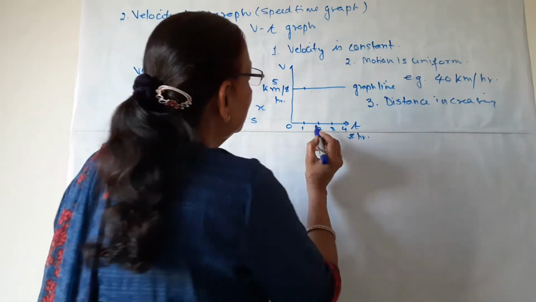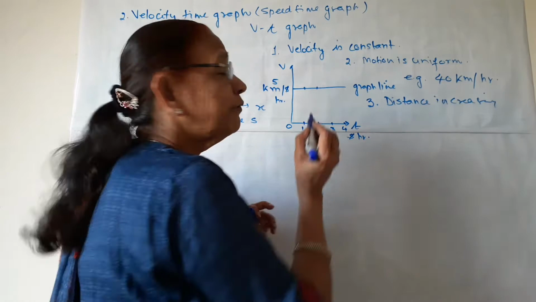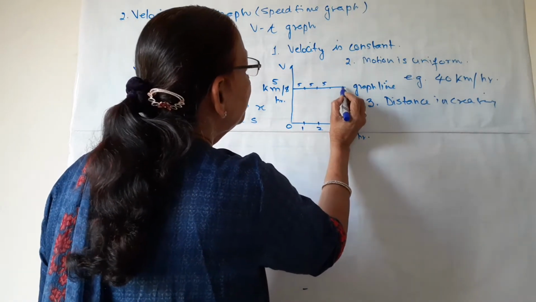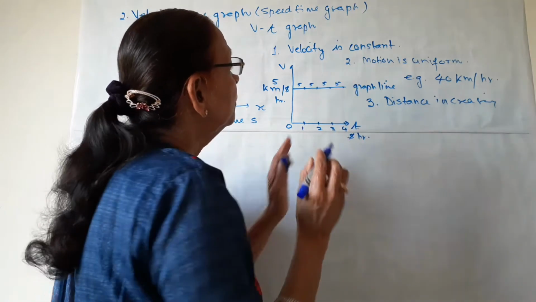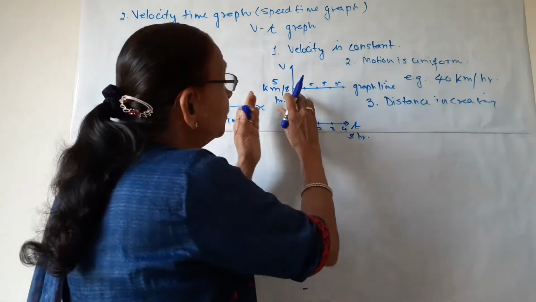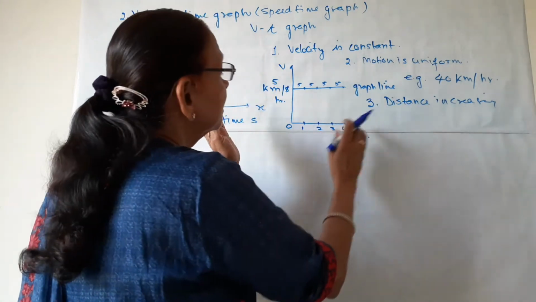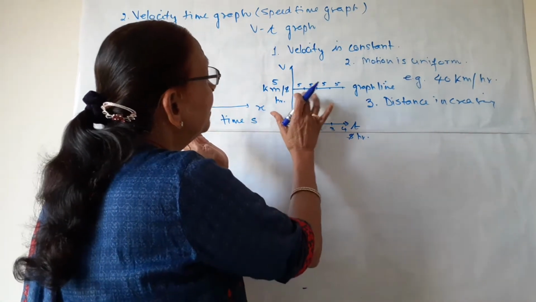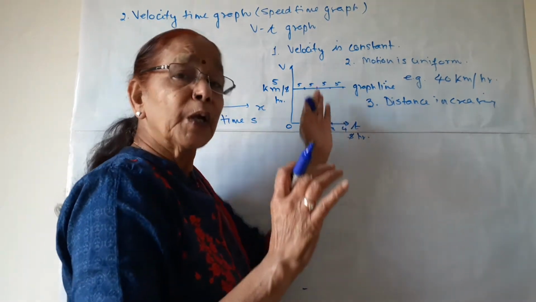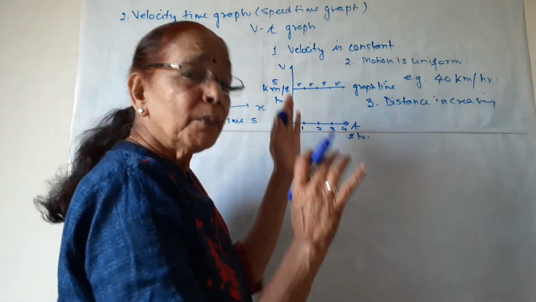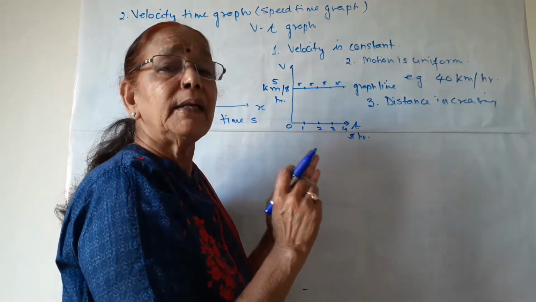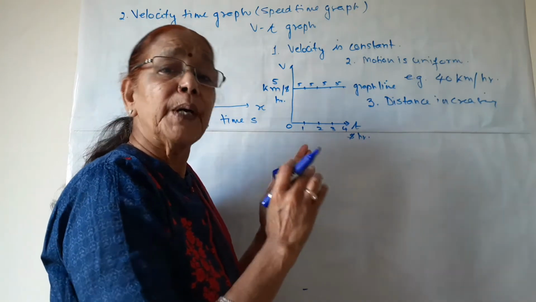In the second hour, it goes 5 kilometers. In the third hour, it goes 5 kilometers. In the fourth hour, it goes with a speed of 5 kilometer per hour. So the distance is increasing. In 4 hours, the total distance covered is 20 kilometers. But the speed is constant. It is 5 kilometers per hour.